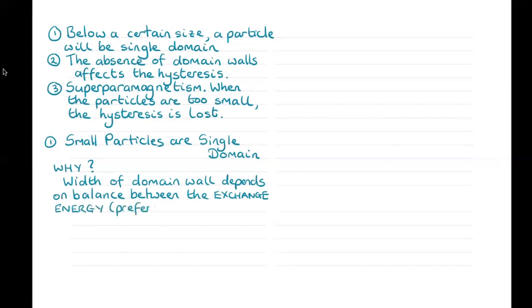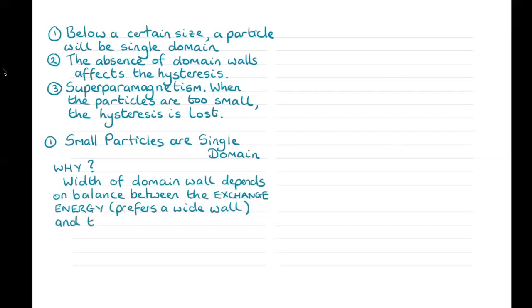If we have a large exchange energy, then neighboring spins, neighboring magnetic moments prefer to be parallel to each other. They don't like to change their relative orientations, and so the domain wall tends to be wide.